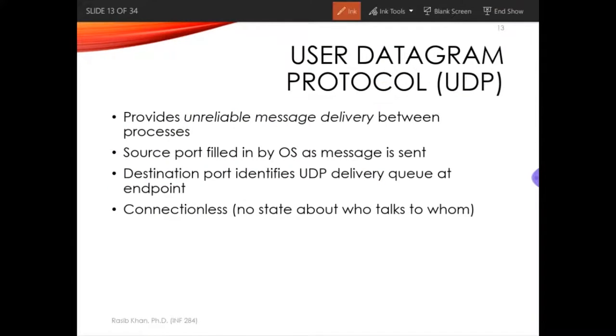So the UDP protocol provides unreliable communication, and the overall concept is that the delivery of the messages, the delivery of the units of data between two hosts, when performed through UDP, is not guaranteed.